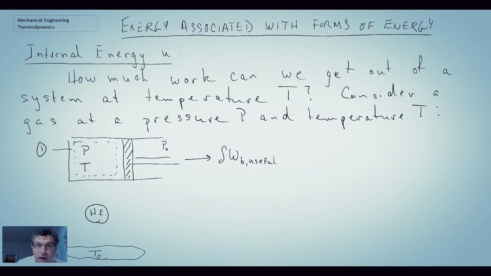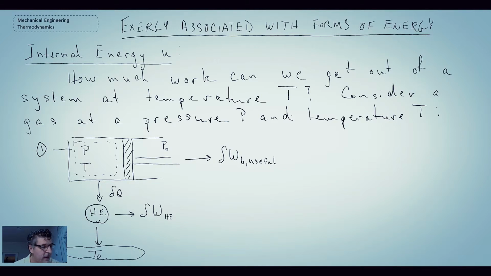The heat loss from our gas, which is at a hotter temperature, we will denote as delta Q. Some of the heat will be converted into work, and some of it can be rejected by our heat engine. Then we have an amount of work coming out with our heat engine. So that is a scenario that we're going to examine.